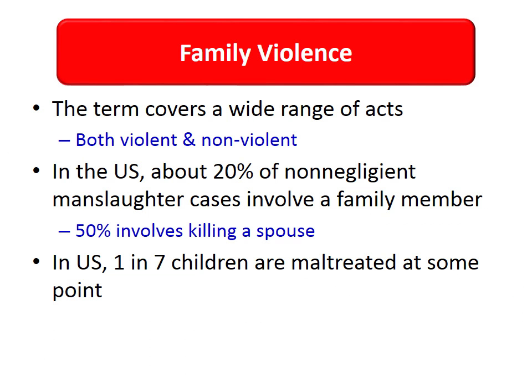In this next section, we will look at family violence. In this context, family violence is also sometimes referred to as domestic violence. It refers to actions which may be both violent or non-violent in nature.